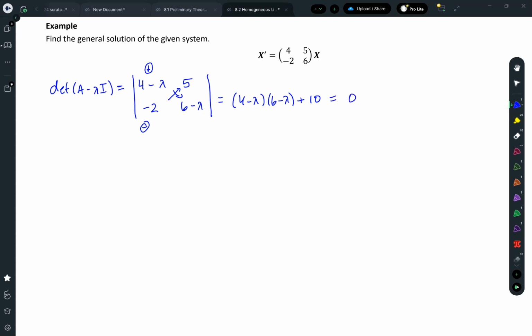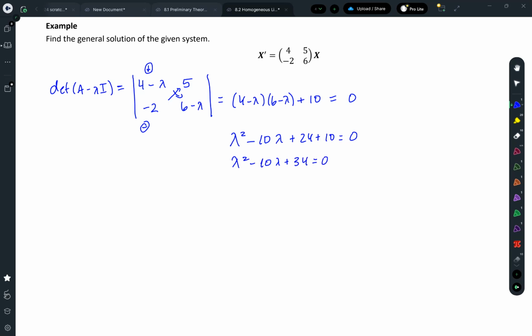We set this equal to 0. I need to FOIL, distribute, combine like terms. So this becomes lambda squared minus 4 lambda minus 6 lambda minus 10 lambda plus 24 plus 10 is equal to 0. So this is saying lambda squared minus 10 lambda plus 34 is equal to 0.